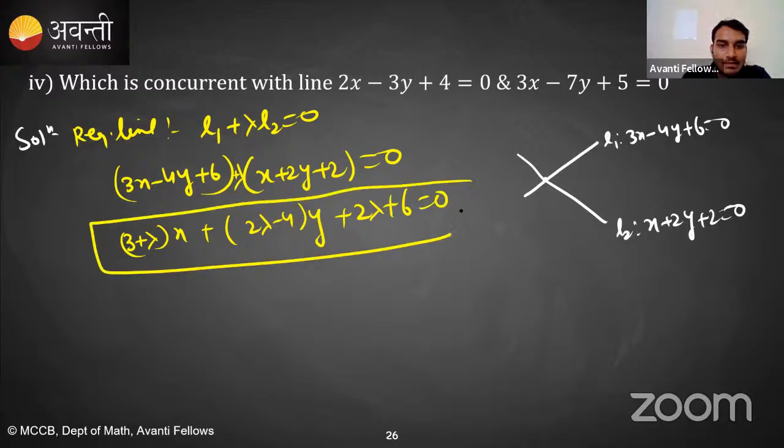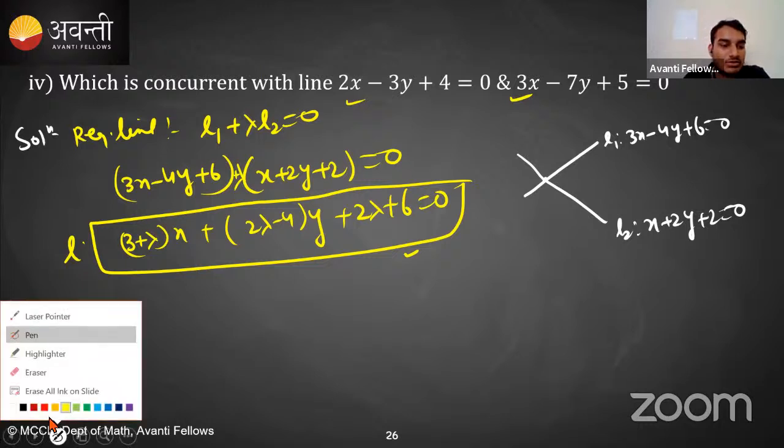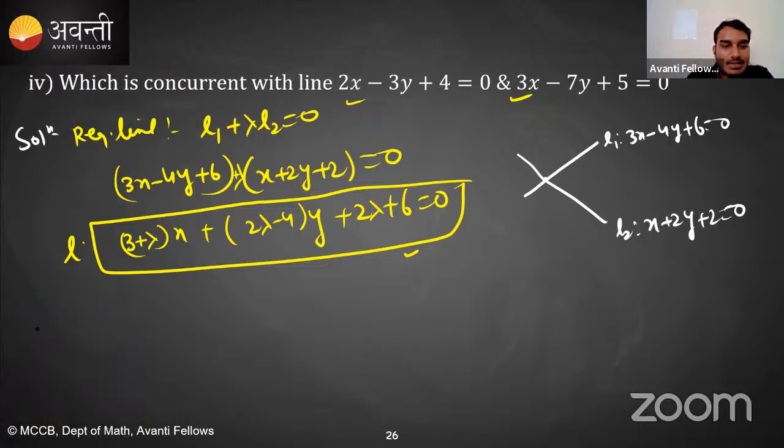Now let's say this is line L. This line and these two lines, these three lines, are concurrent. So what is the condition of concurrency? The determinant of the coefficients would be 0. According to the question, we have to apply the condition of concurrency.